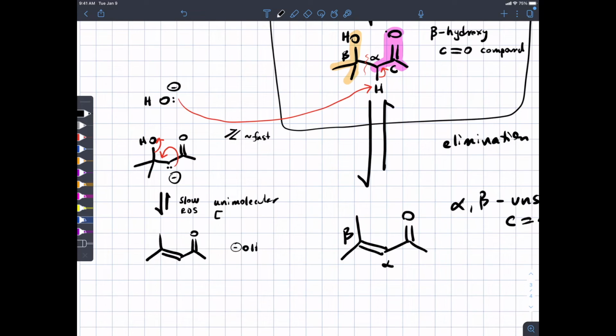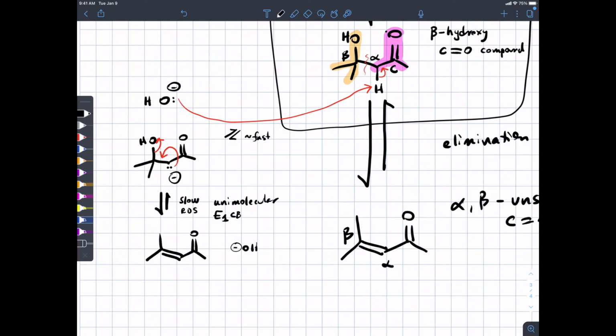We will call this an E1 reaction, but it's not a typical E1 reaction where the leaving group leaves and you get a carbocation. Instead, it's an E1 reaction of the conjugate base of your starting material. So they'll call this mechanism E1CB.